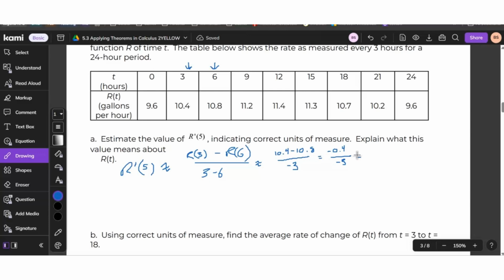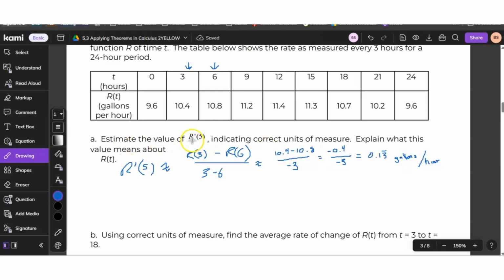You should have known it was positive from the beginning. It's 0.13 repeating. And what would this be? That is the average rate of change. That is r prime of 5. Which is what units? The average rate of change of gallons per hour.